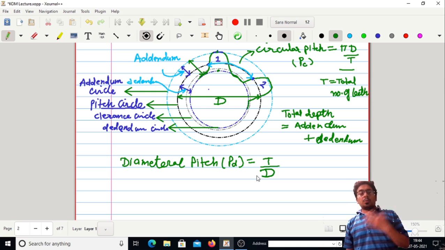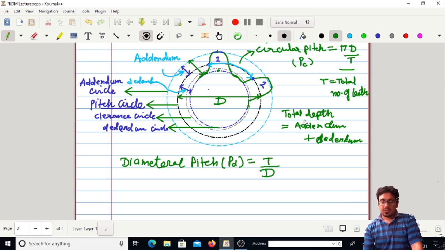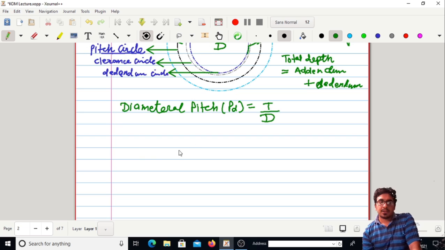One very common question is asked in some competitive exams: what is the answer of multiplying PC to PD?